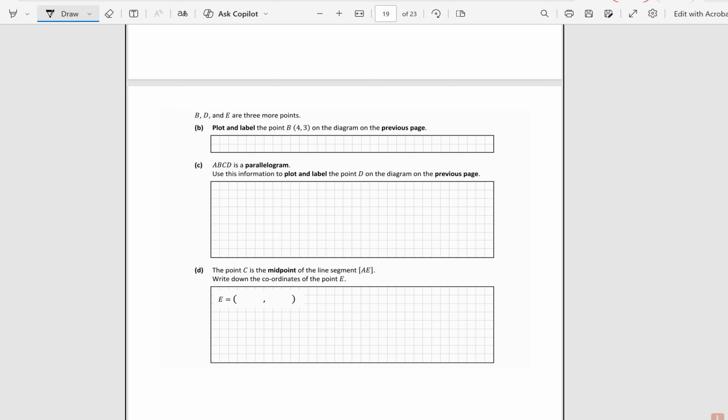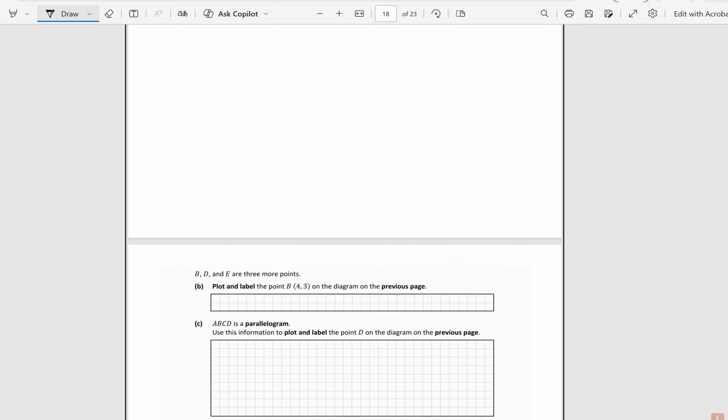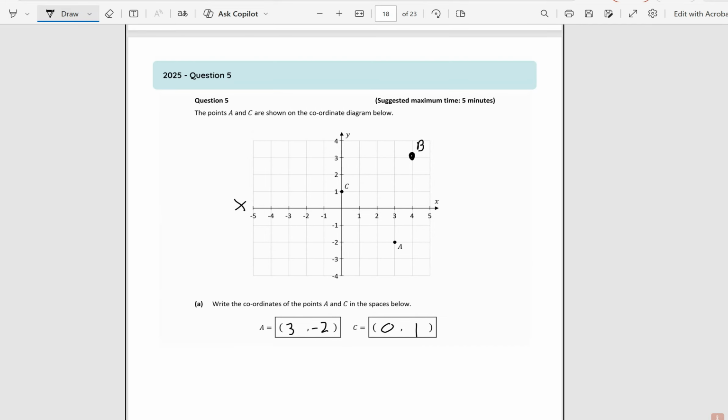ABCD is a parallelogram. Use the information to plot and label point D on the diagram on the previous page. So we have to plot another point to make this parallelogram. Parallelogram means that two sides are parallel to each other always. So let's take this one, the B to the C. If we went down here, they'd be parallel.